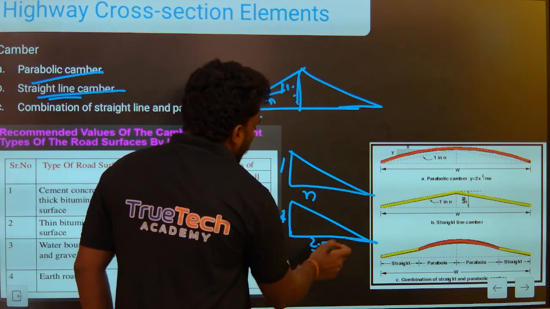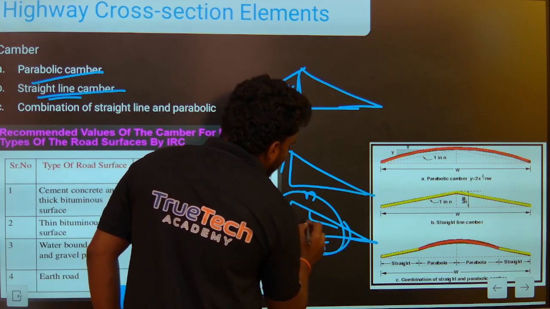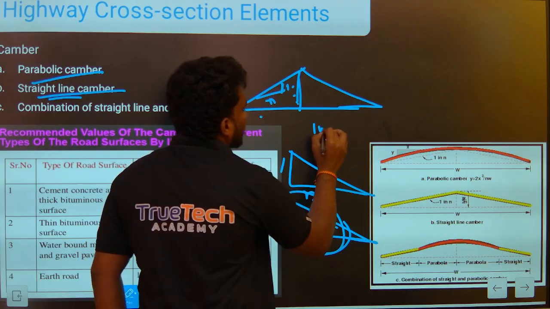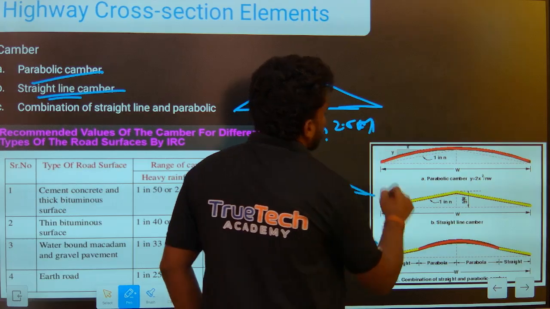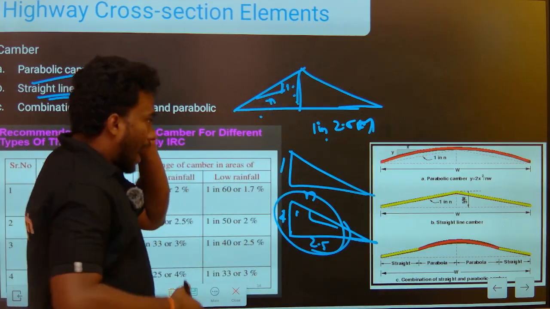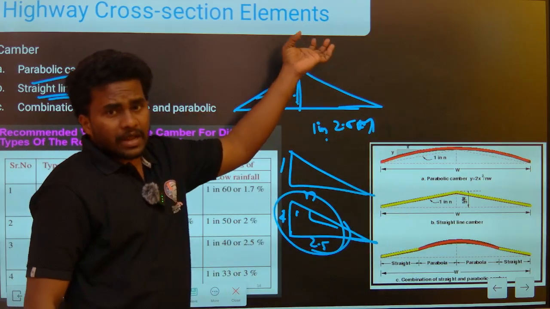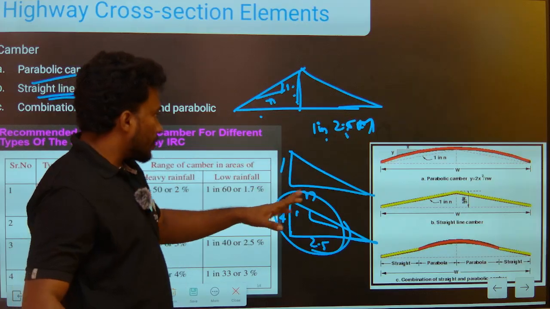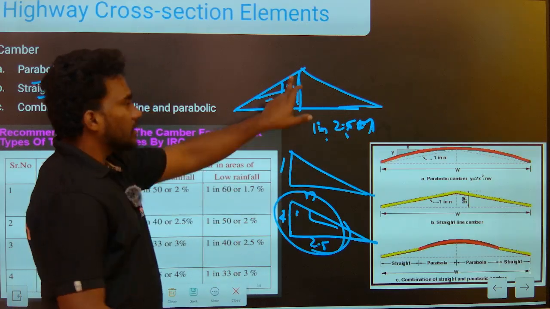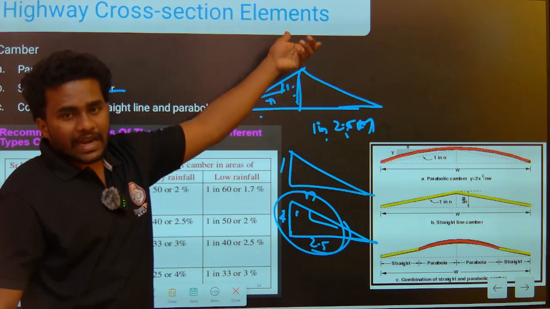This is the cross slope, that is nothing but 1 in 2.5 centimeters or 2.5 meters. I am not considering the units, but this is the concept behind the straight line camber.